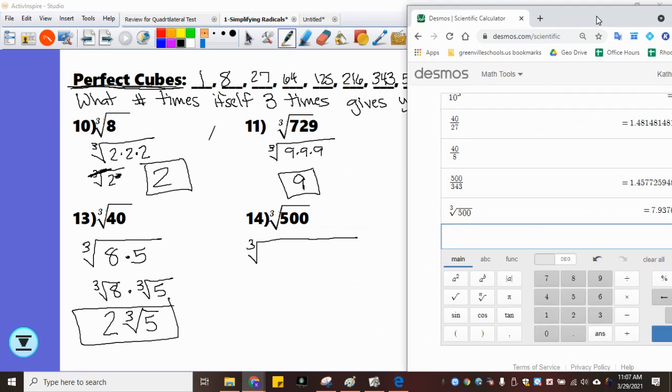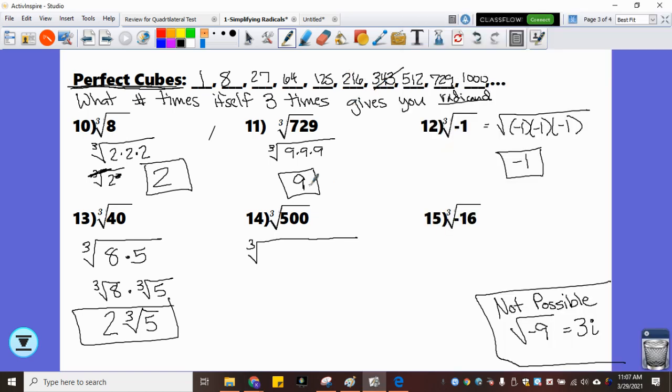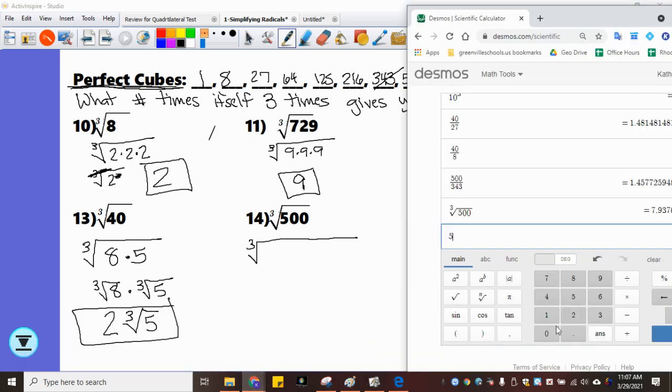So when you don't know, you just have to start taking the number, the radicand, which is the number underneath your radical, and dividing it by these numbers. So I did 343, and that didn't work. So now I'll try 216, 500.